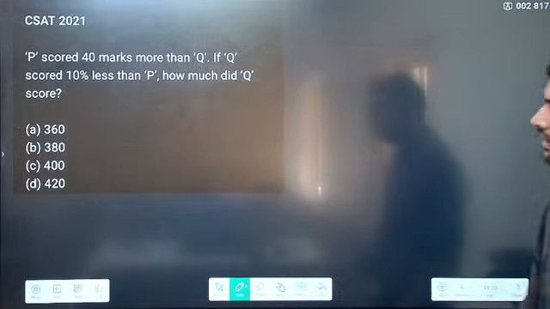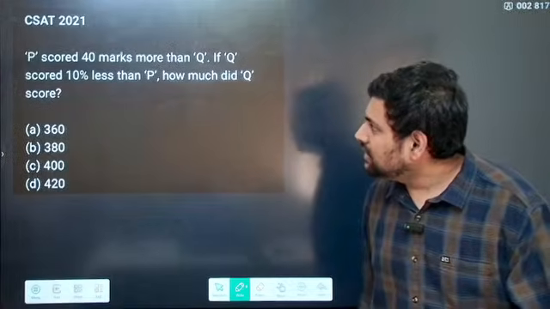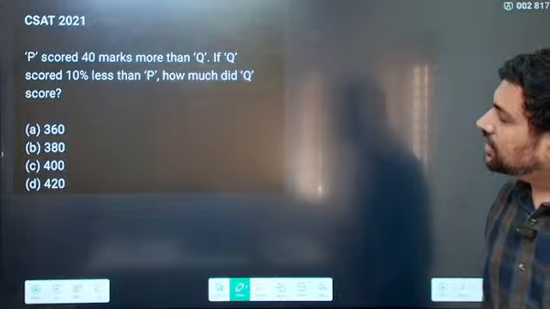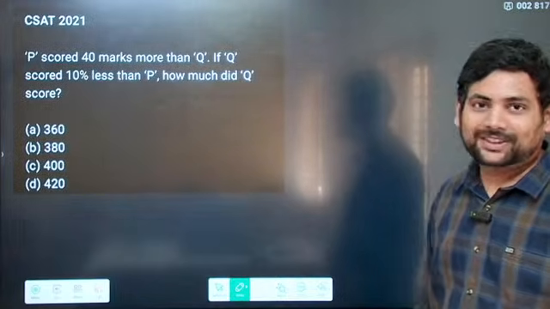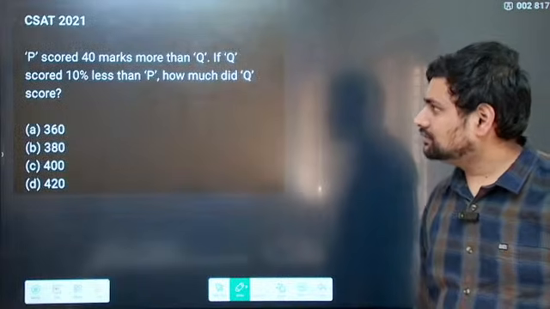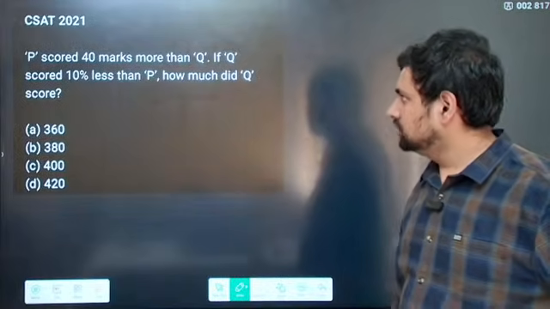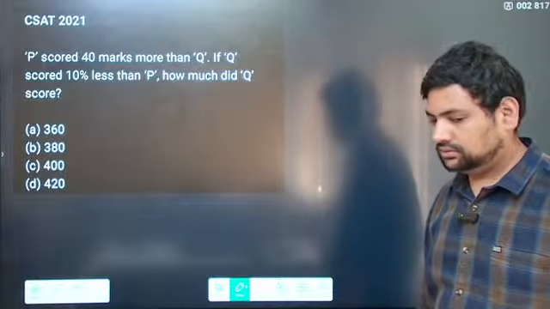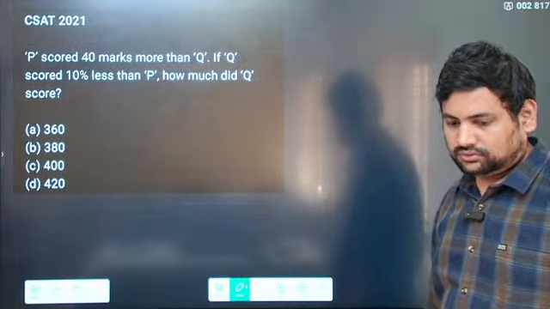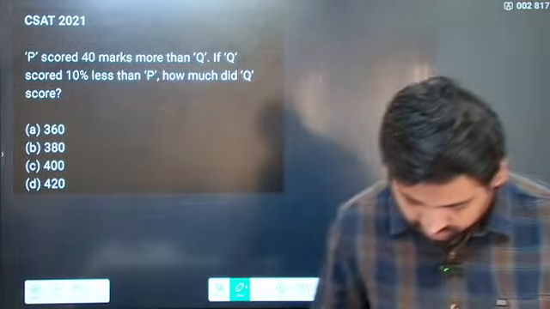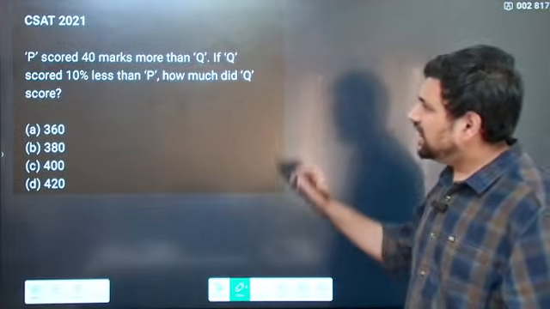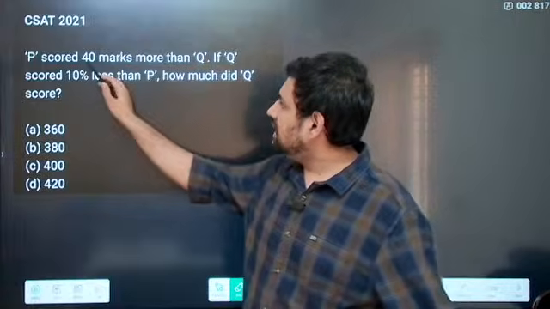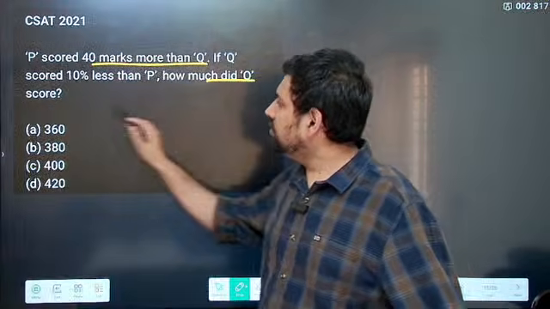Then next, P scored 40 marks more than Q. If Q scored 10% less than P, how much did Q score? Very simple. Again, P scored 40 marks more than Q. How much did Q score?